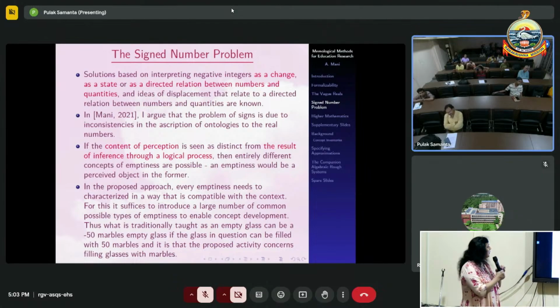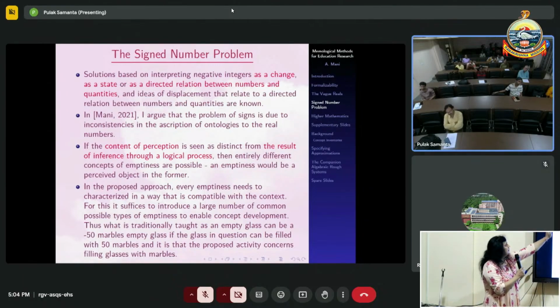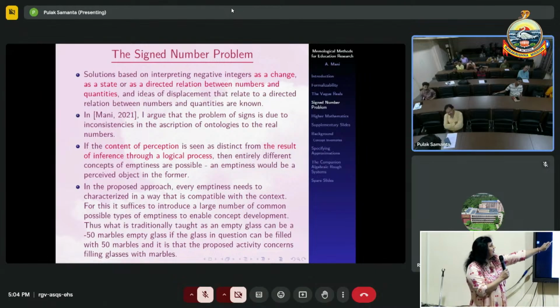Okay, I'll come to that. Recent solutions are like this. Those are based on interpreting negative integers as a change, as a state, or as a directed relation between numbers and quantities, and ideas of displacement.